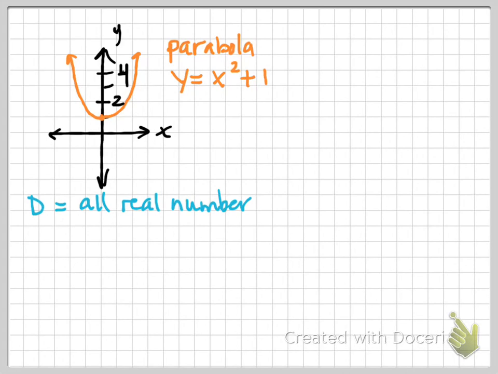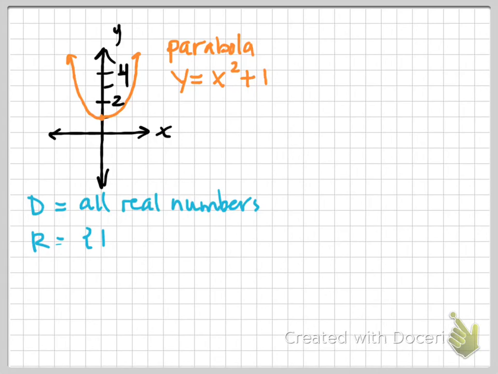Now, let's talk about your range, which is your up-down. How far down does it go? Oh, careful. It starts right here. Here's where 0 is. It starts there. Okay, that's how far down it goes. So it starts at 1. Okay.